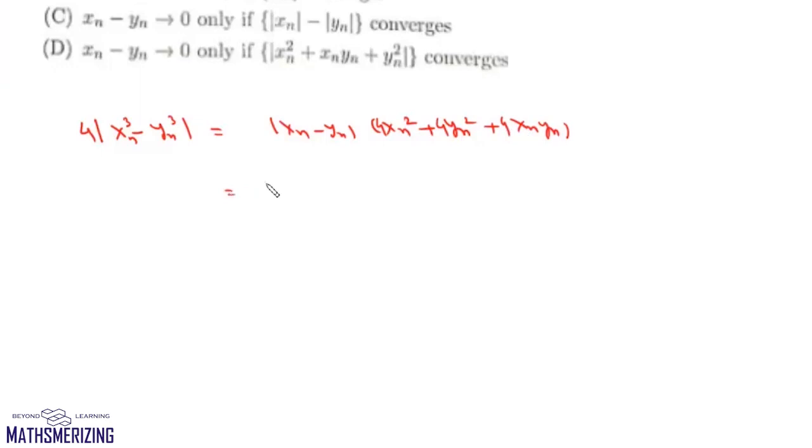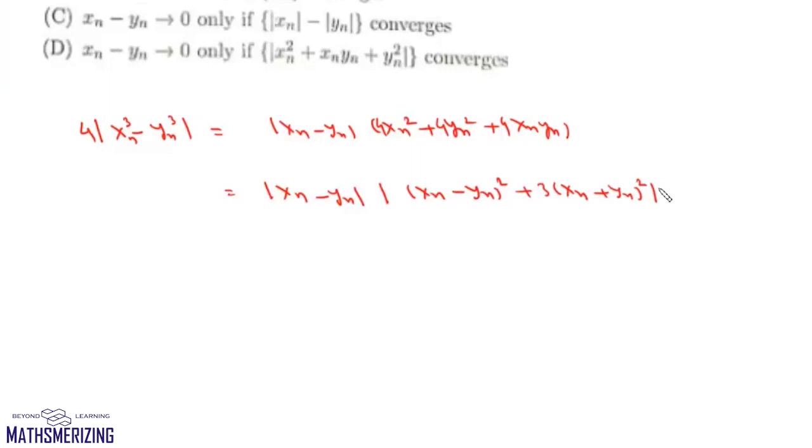Now we can rewrite this as mod of x_n minus y_n, and here it will be mod of x_n minus y_n whole square plus 3 times x_n plus y_n whole square.